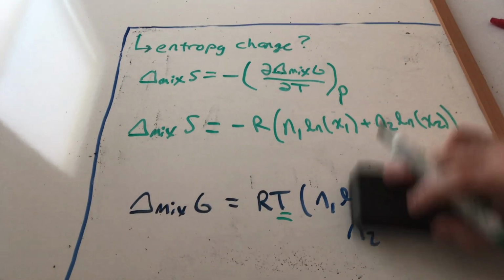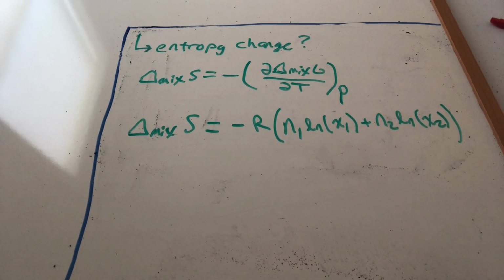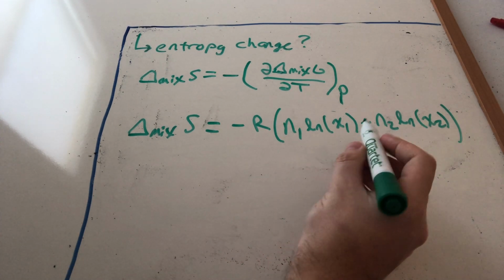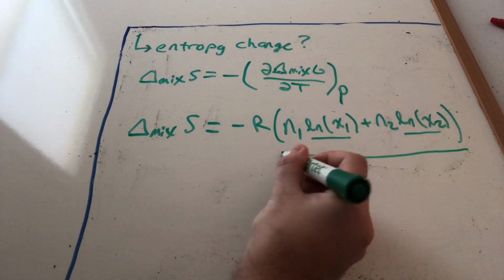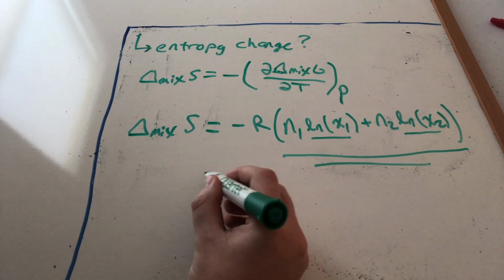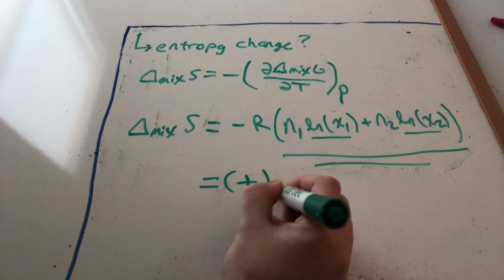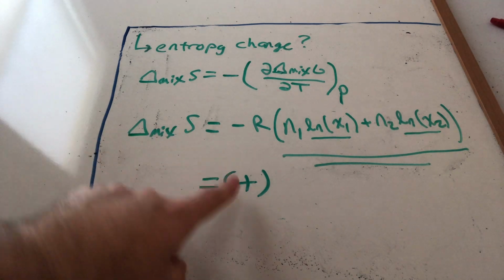So this is an equation that we can use to analyze delta S for this mixture. In terms of sign, notice inside here, via the same arguments, this is going to be negative, this is going to be negative, so this whole thing is going to be negative. The negative times the negative gives me a value that's positive for delta S mixture. Applying our sign convention rules, this makes sense. We'll always have a positive delta S for the mixture because the disorder is increasing.